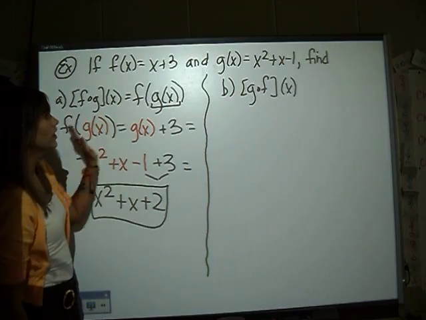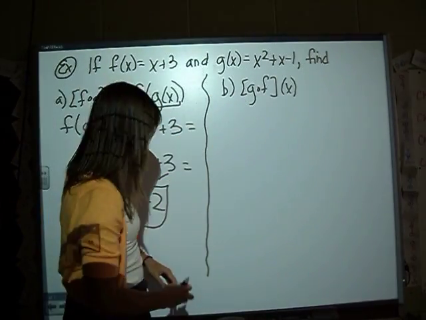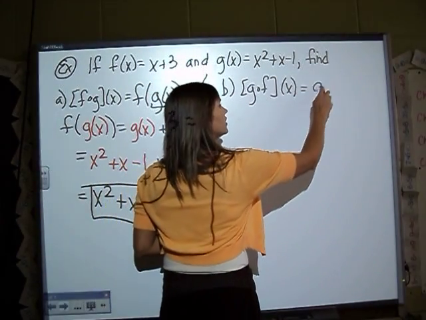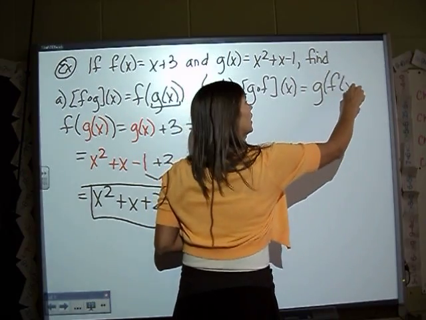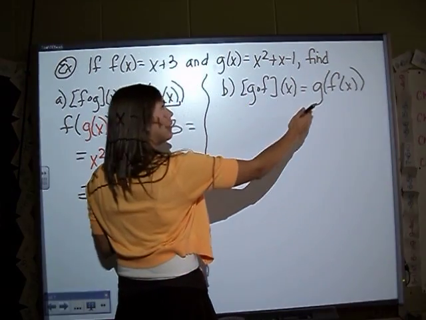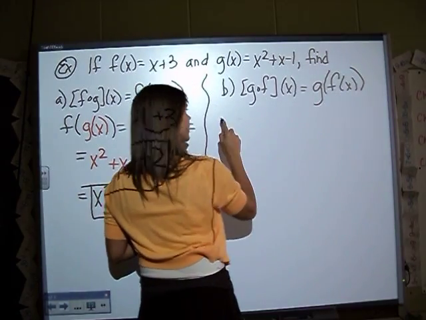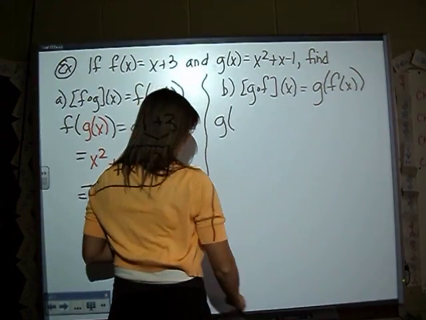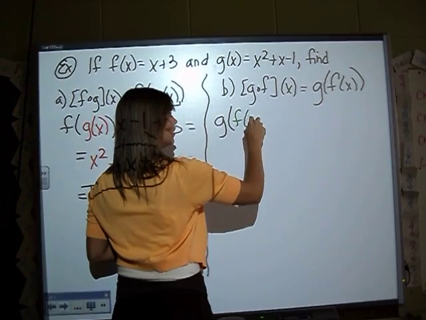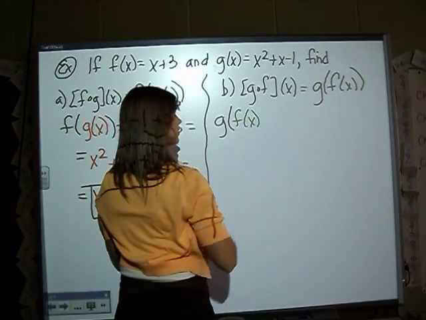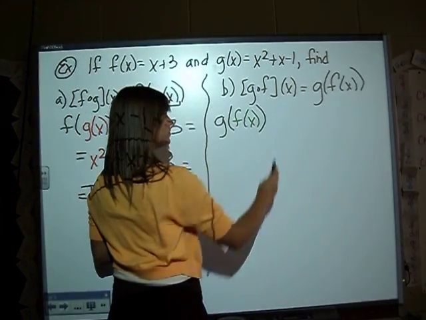Now what we're going to do is we're going to take g of f. Okay, so g of f is g of f of x. So my main function is g, and I'm evaluating g at f of x. So I have g at f of x. Okay?